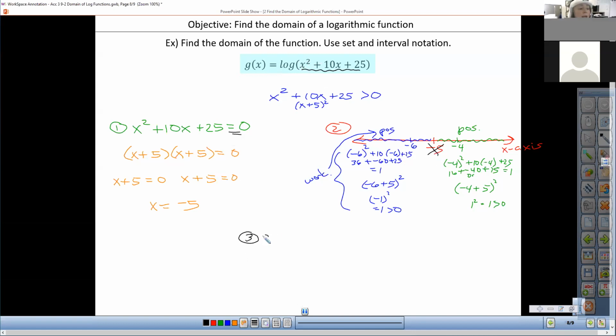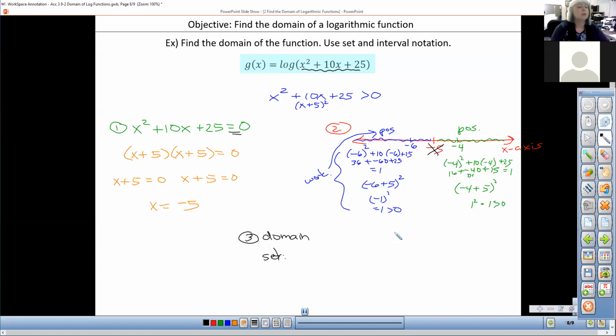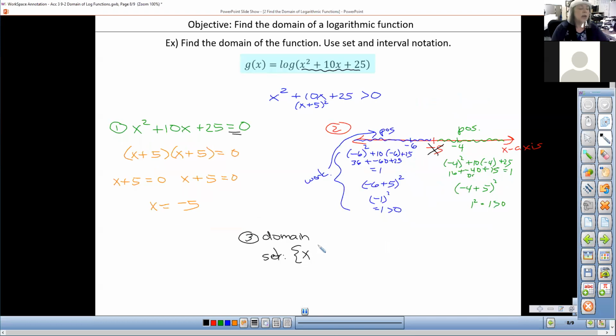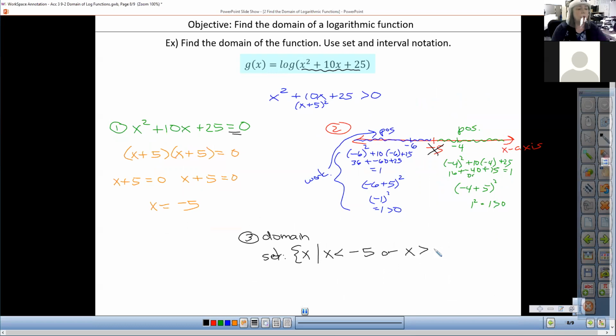So when I go to write my domain in set notation, it is going to look like this one, except I'm going to have -5 as both of my numbers. So I have the set of all x's such that my x's must be less than -5, or my x's must be greater than -5.